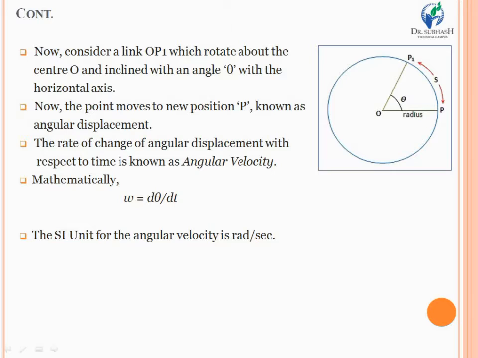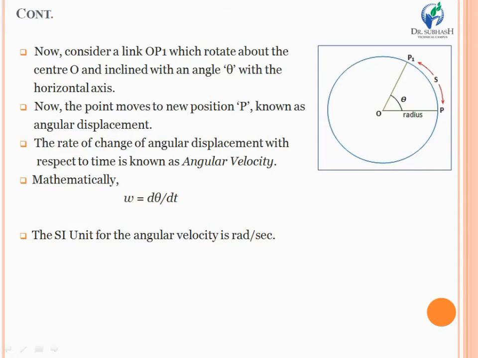Then the link moves by angle theta in some periodic time t. So the change of angular position of the link from OP1, made by the particular point P1, if measured with respect to time, will be known as the angular velocity. So the rate of change of angular displacement with respect to time is the angular velocity.